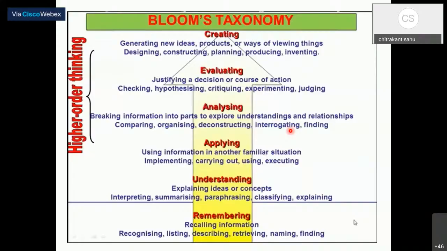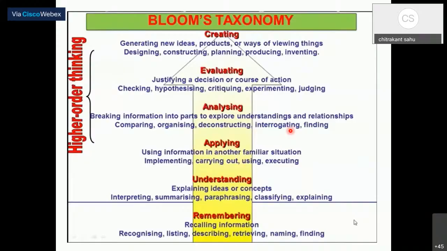And then if you go further, evaluating. Evaluating means that instead of giving 1 network, we give 3 networks. Then they are asked to evaluate and find out the resemblance of the Kirchhoff current law in the 3 networks, how it affects these different networks, and which network is considered to be the optimum design in terms of the Kirchhoff current law.